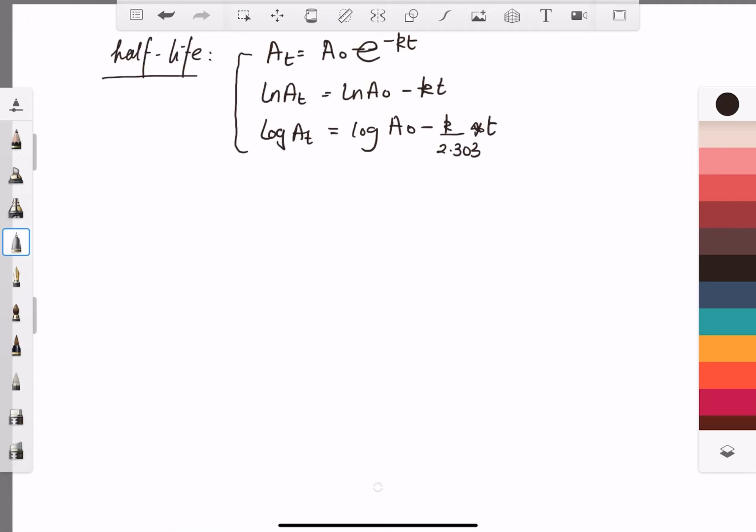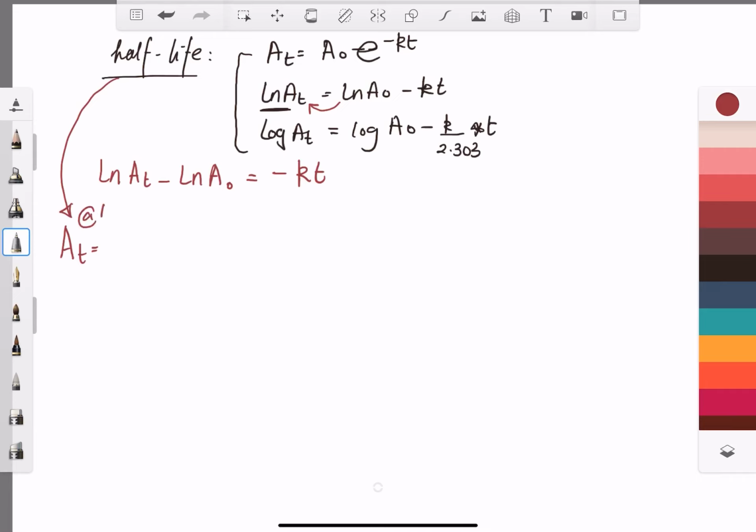So let's do it with the ln, for example. So we have ln A at certain time, and I will just have this on the same side, and then this equals minus k multiplied by the time. I need to have A at certain time according to the half-life definition.